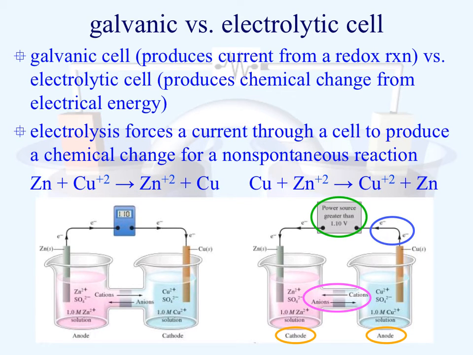So electrolytic cells produce chemical changes by harnessing that electrical energy. In that process, we have a change in the flow of electrons and a change in what's the anode and the cathode. We're basically reversing the process that we just talked about in our spontaneous galvanic cell.